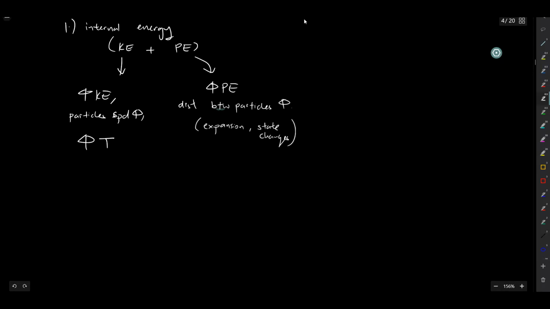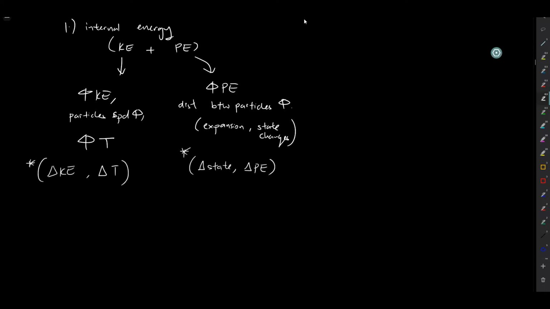PE decrease means the distance between particles decreases, that means contraction. Same thing for KE: if KE goes down, the temperature goes down. Key thing to note: whenever there's a change in KE, where triangle refers to change, there must be a change in temperature. Whenever there's a change in state, there will definitely be a change in PE. In fact, PE is always changing, because as long as the distance between particles increases or decreases, there will be a change in PE.